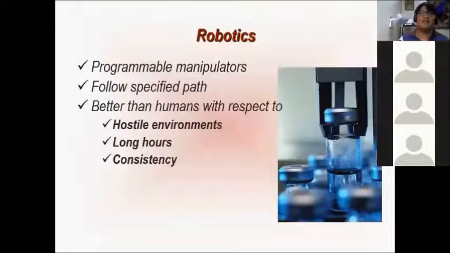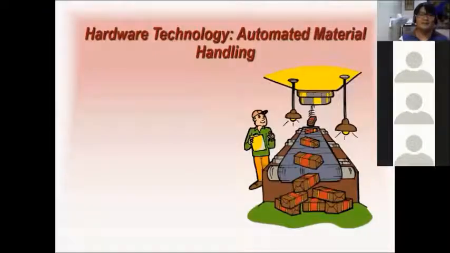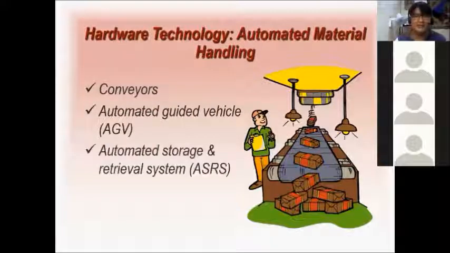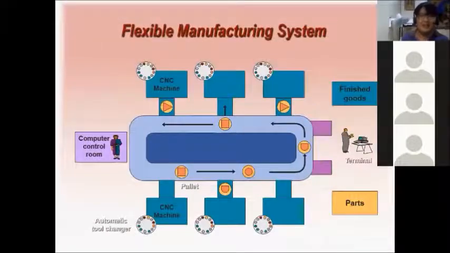Okay, so here we have the robotics. And for automated material handling, gumagamit na ng mga conveyors. So we have also automated guided vehicle and automated storage. Halos lahat automated na eh. Malamang, siguro some of you during the defense, you are asked also to automate your project. So this is just an example of a flexible manufacturing system from raw materials until finished goods.